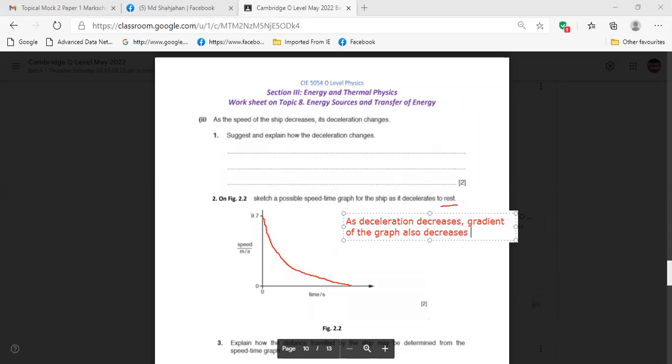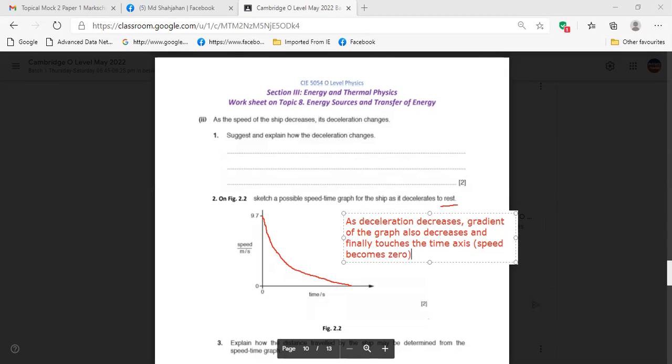And finally it touches the time axis. If it touches the time axis, that means the speed is 0, right? Speed becomes 0.